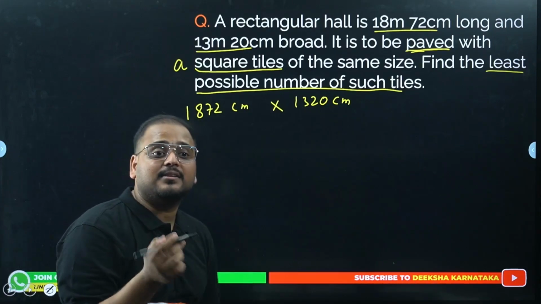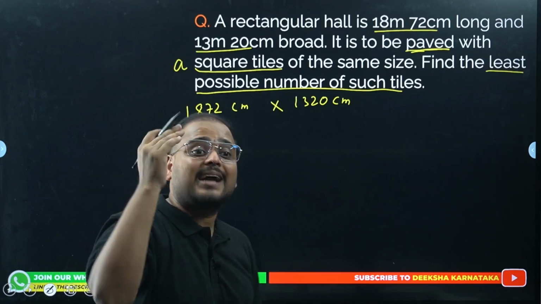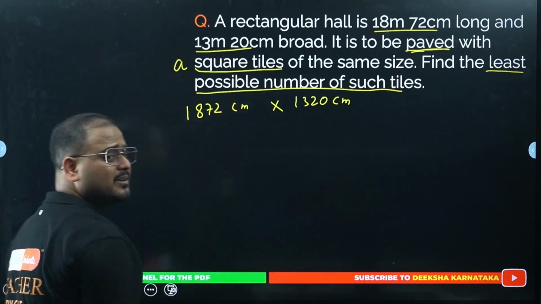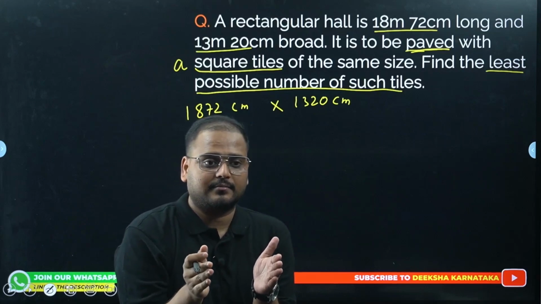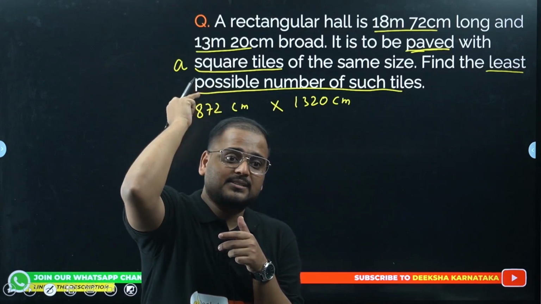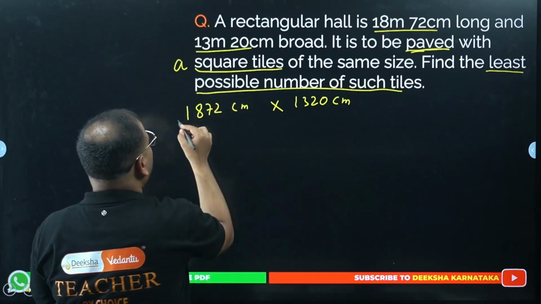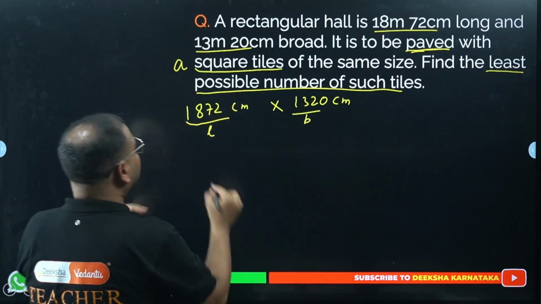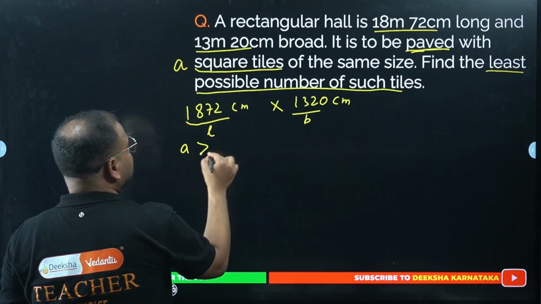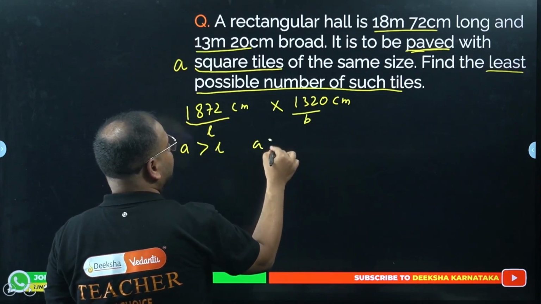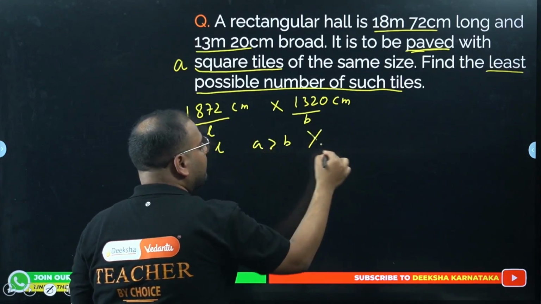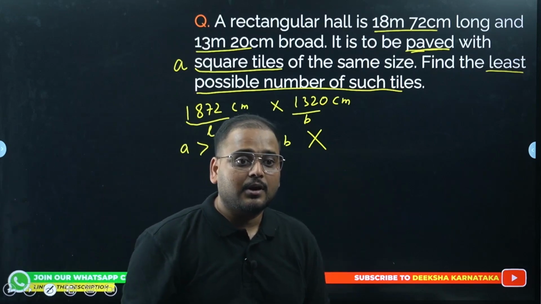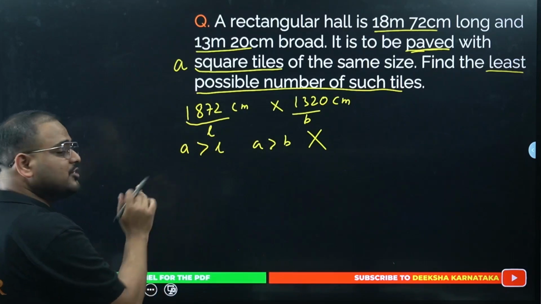So how will you find the side length? We want the side length to be maximum. Can the side of the square be bigger than these two sides? Let's call this one length and this one breadth. Can my value of A be bigger than length and bigger than breadth? Big no. It has to be smaller than these two values.